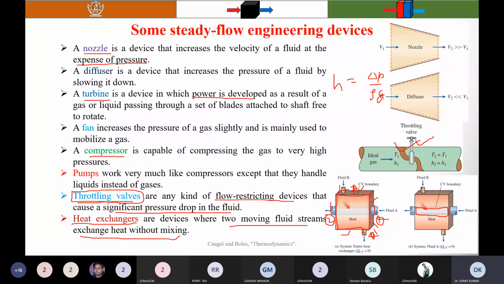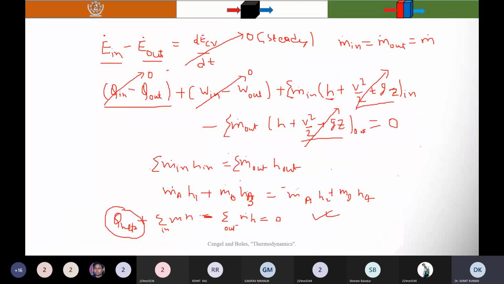So I hope you understand how to simplify the energy balance. You just need to remember this: deposit minus withdrawal is equal to your saving. If you remember this one, you can easily simplify the equations for any steady flow device or any system.